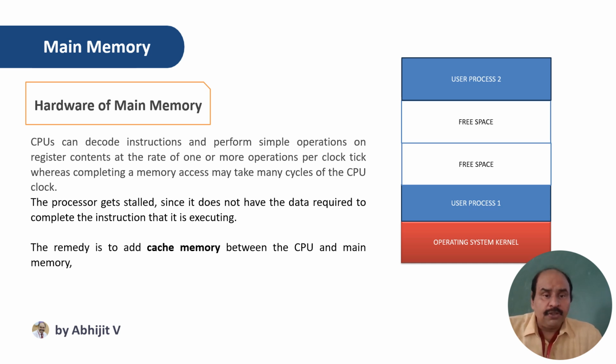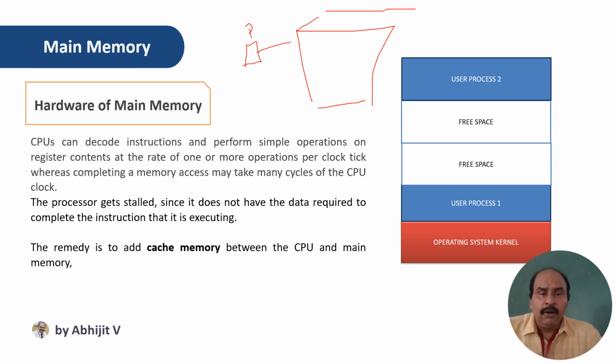You have the processor here, and you need to access the main memory. Main memory, you can imagine to be a long, huge place where you have so much information being stored.